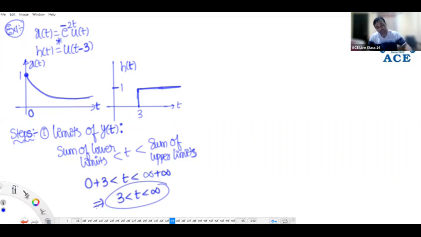We can clearly show that for t less than 3 output is 0. It is a thumb rule. Sum of lower limits, sum of upper limits.